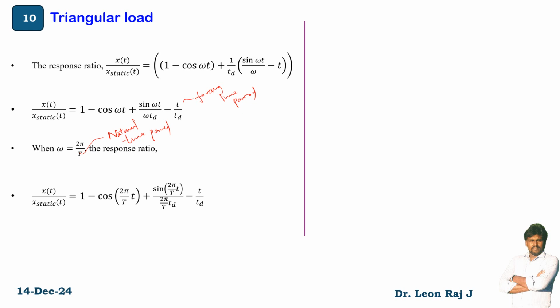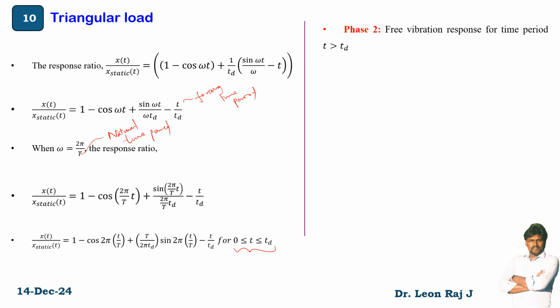Just substitute omega by 2 pi by capital T, that is cos of 2 pi small t by capital T, meaning the forcing time period by the natural time period, plus capital T by 2 pi td into sin of 2 pi small t by capital T, minus t by td. You will get the response for the time period 0 to td.